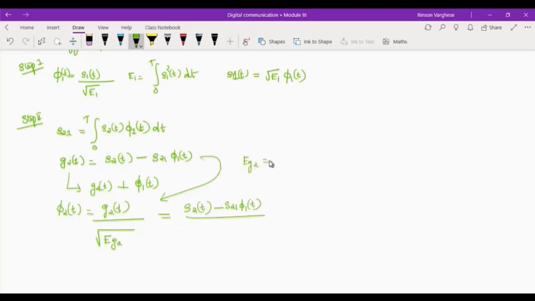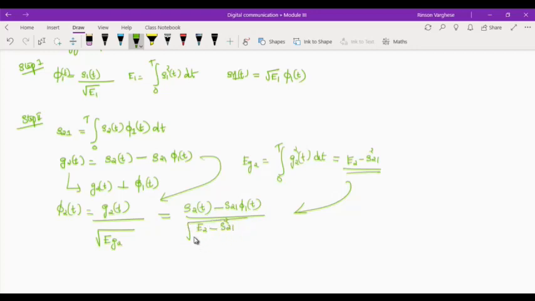EG2 is the integral 0 to T of G2 square of t dt. You can work it out, and it is there in my notes, and this results in E2 minus S21 square. Use the (x minus y) whole square equation, and then you'll get this. So substitute it here: root of E2 minus S21 square.